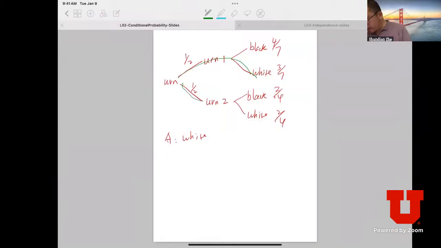The second path, you get a white ball, right? So the probability for the first path is half times 3/7, and the probability of the second path is half times 2/4, right? That's exactly the same result as we previously calculated.